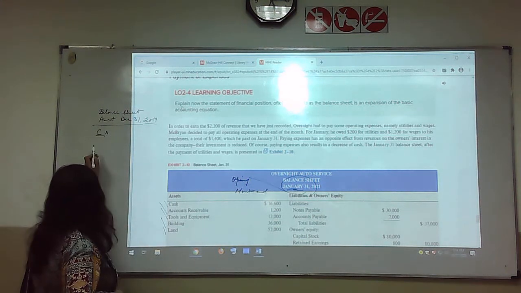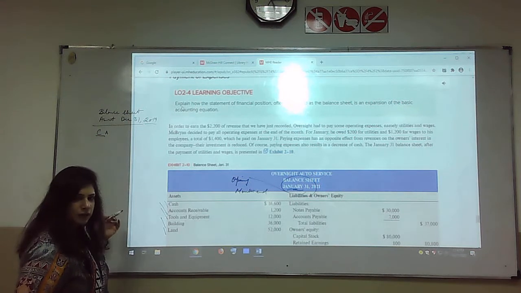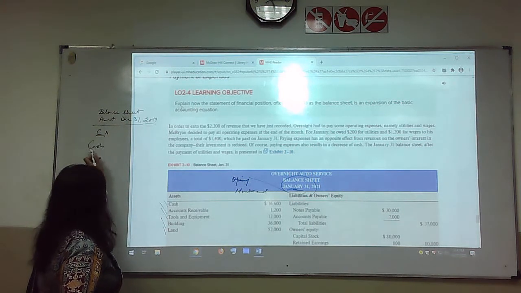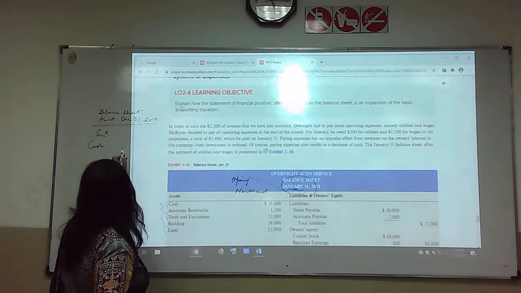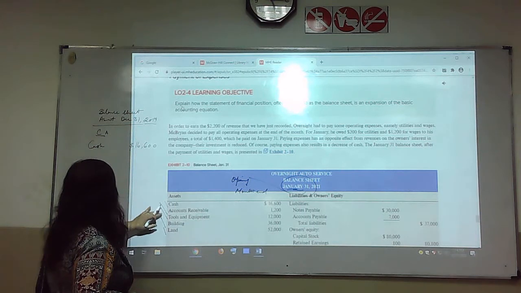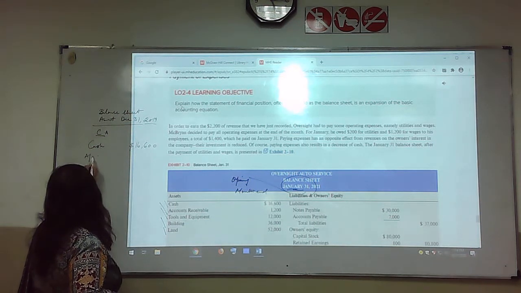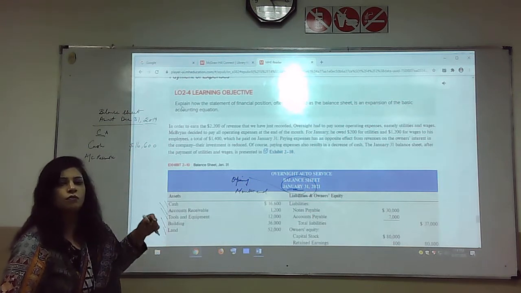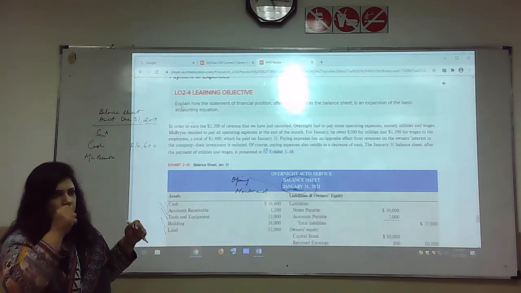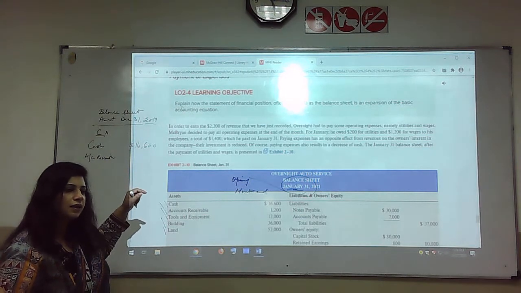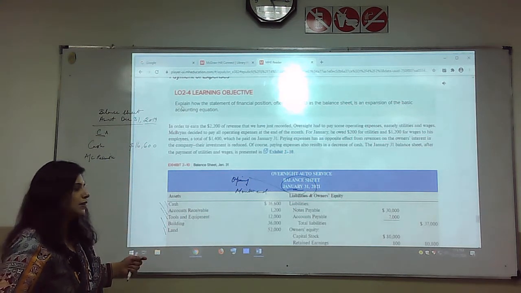So for instance, assets come first, in the statement version as well. So it's going to be cash worth, let's say, 16,600. Then comes the accounts receivable, and whatever you write would be in the order of most liquid asset placed first, and the lesser liquid placed later, right?